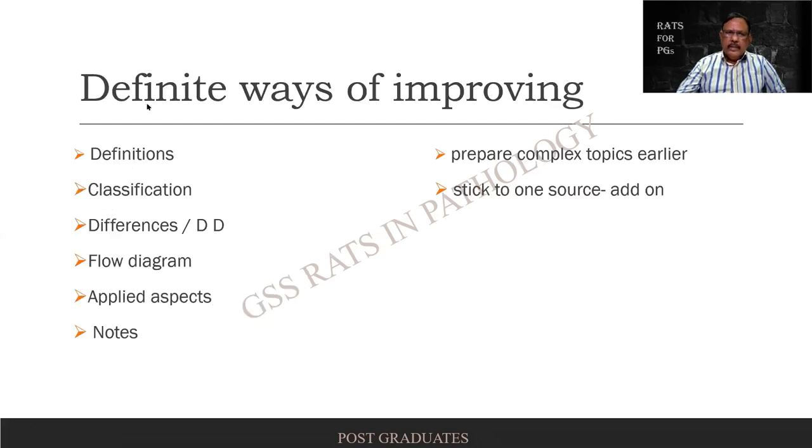Now, there are some definite ways of improving our answers, the presentations. Always follow a sequence and the subheadings: definitions, classification, differences, differential diagnosis, flow diagram. Like this, there are many things. You people should be able to mention that and draw diagrams wherever possible.